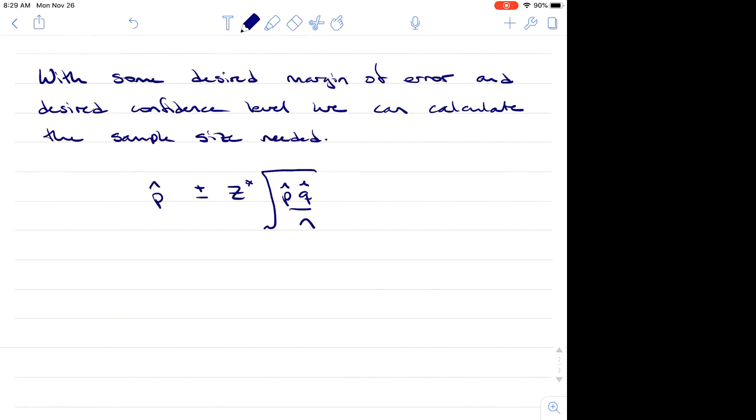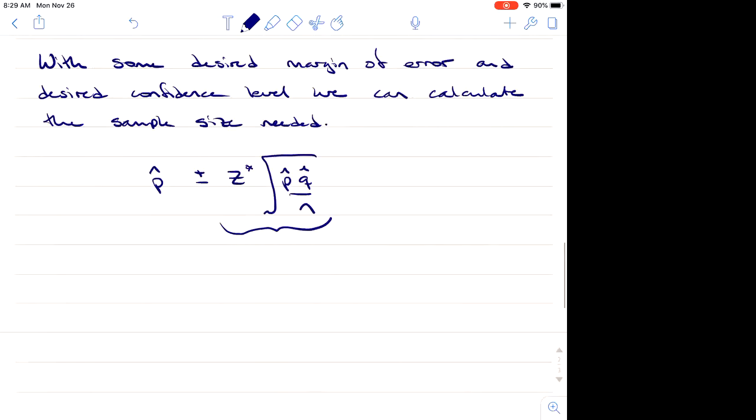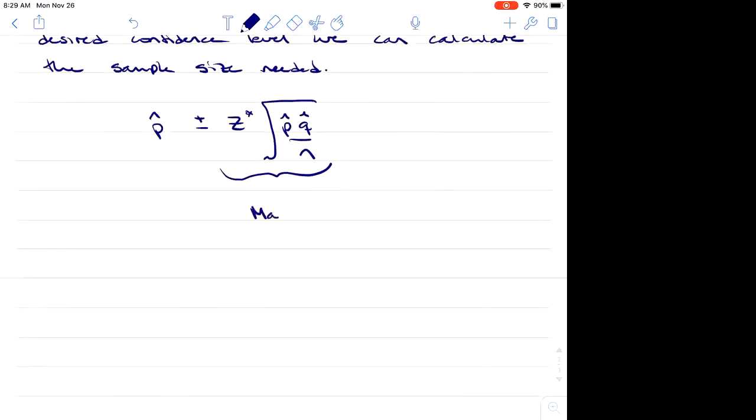We haven't necessarily called it Z star yet, but if you want a 95% confidence interval, your Z star is 1.96. And if you want a 90% confidence interval, your Z star is 1.645. This plus minus portion is called your margin of error.